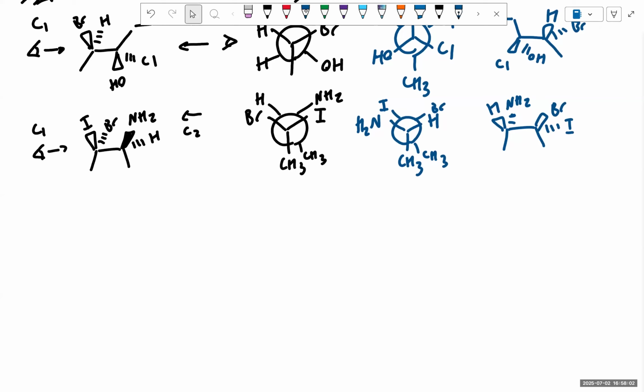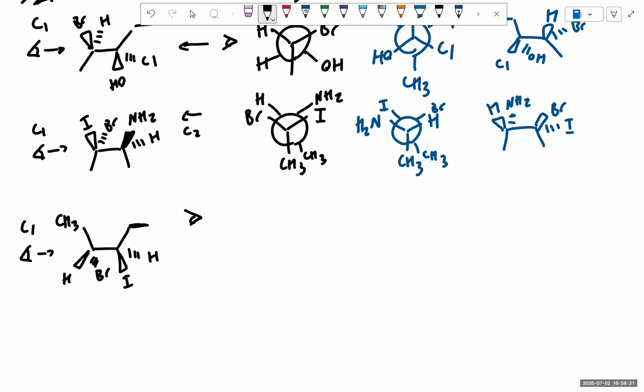In this case, let's take a look now at the following structure. So let's try to draw the Newman projections looking down carbon 1 and carbon 2.